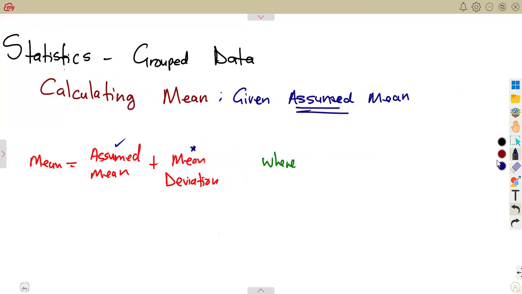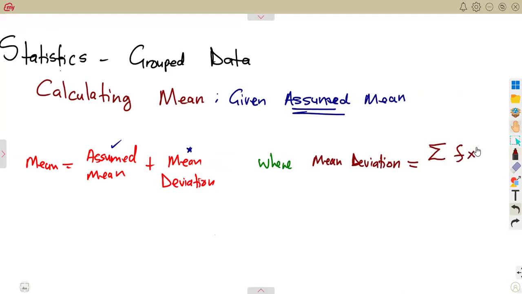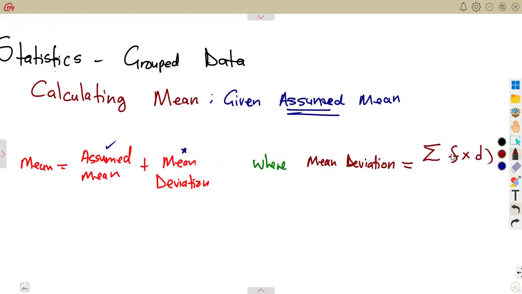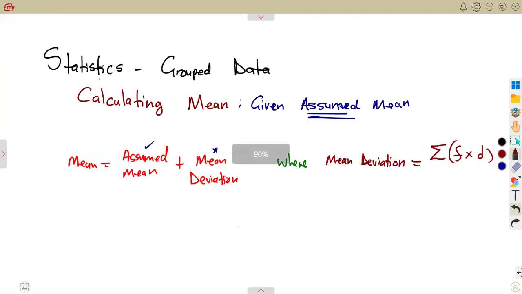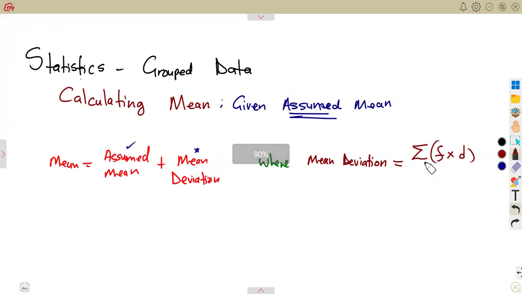The mean deviation is equal to the sum of frequency times deviation, over the sum of the frequency, the total frequency.